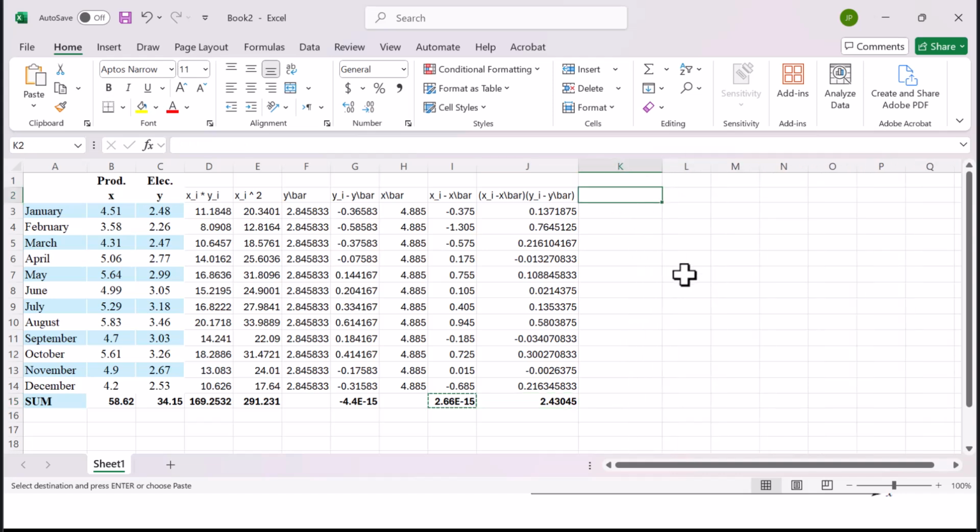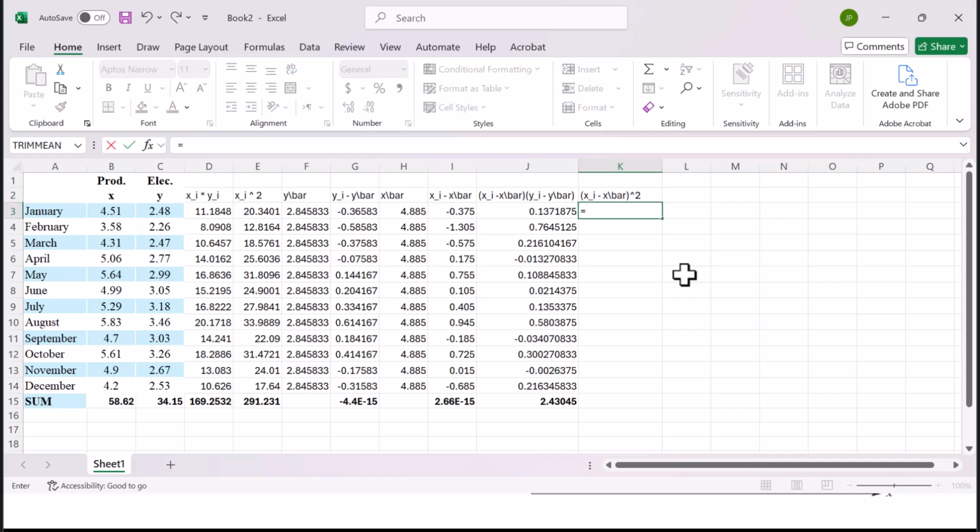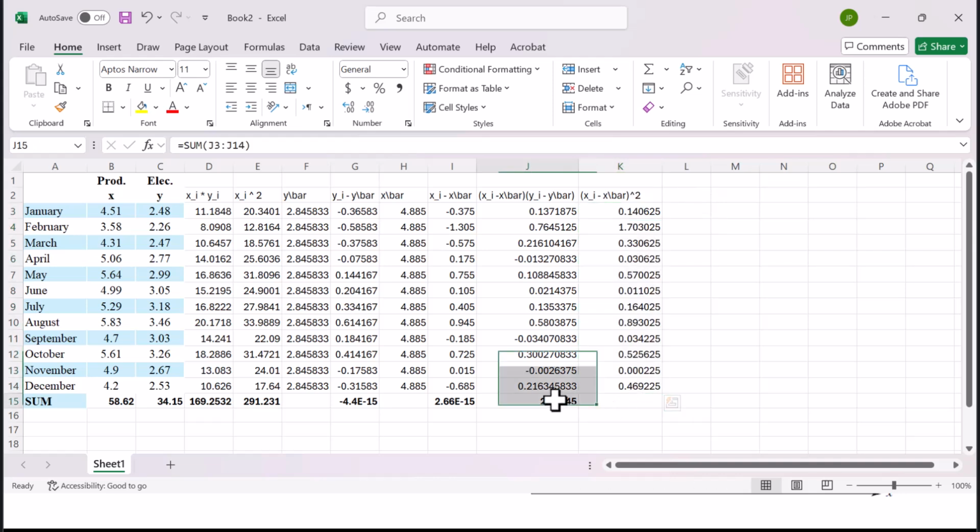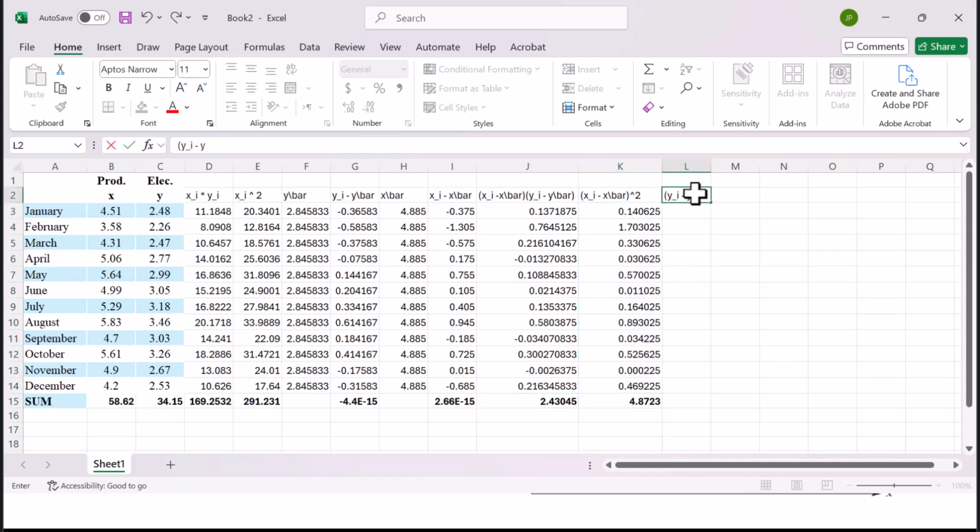The next one is xi minus x bar square. It means this one squared. Right? Then the next one, yi minus y bar, squared. It means this one squared.